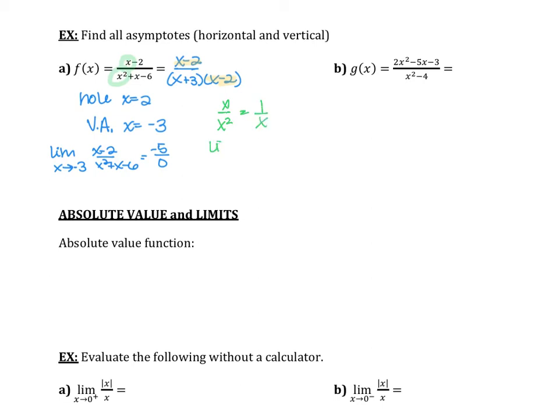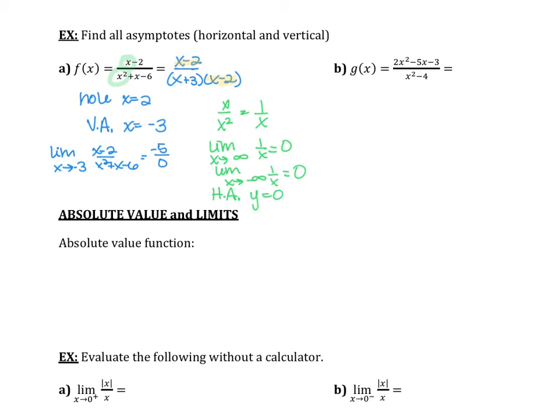And if I take the limit as x approaches positive infinity of 1 over x, what do I get? Well, I get 0. And if I take the limit as x approaches negative infinity of 1 over x, I also get 0. So I know that my horizontal asymptote in this problem is y equals 0. All right, take a second and try the next one and see how you do.